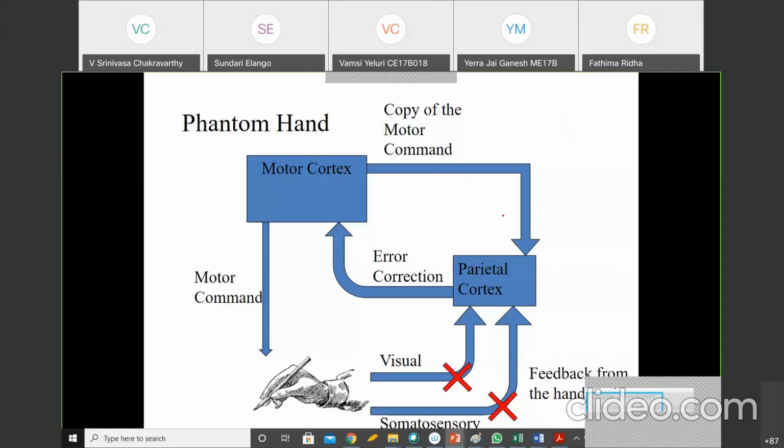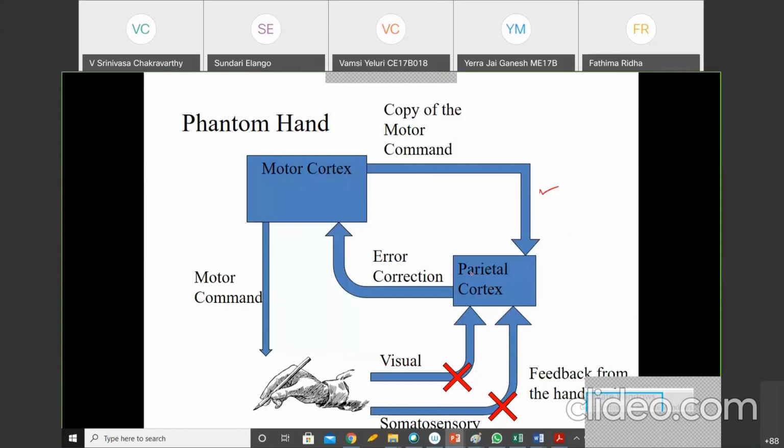Now imagine what happens in the case of a phantom limb or phantom hand. Since there is no hand, there is no visual feedback, there is no somatosensory feedback. There is a parietal cortex, obviously, and there is motor cortex. Motor cortex can send a command to the hand, but it doesn't go all the way because there is no hand. But motor cortex sends a copy of the command to parietal cortex. This exists, and the feedback from the arm in the form of visual and somatosensory signals doesn't exist.